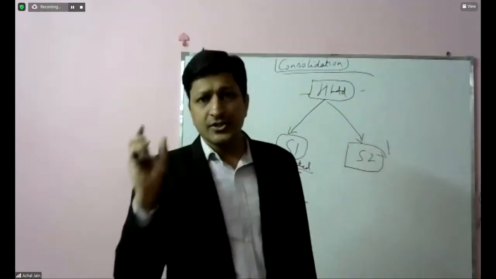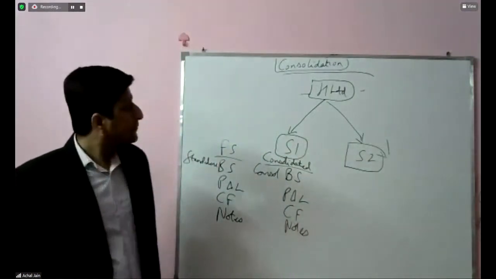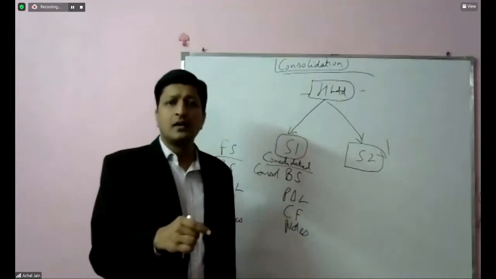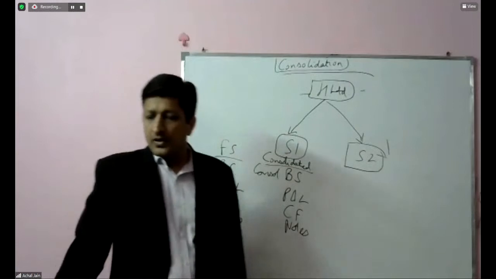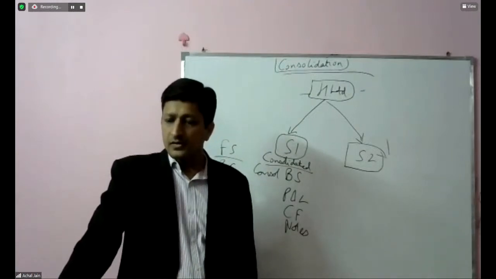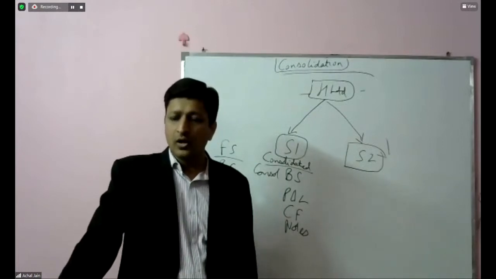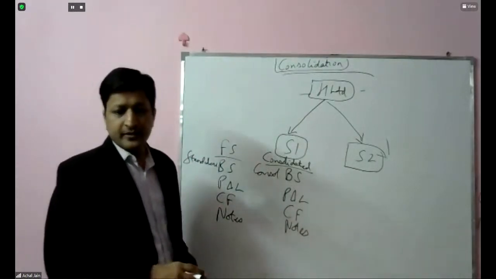inter-branch transactions. Now, let's try to apply the same principle over here. A lot of responses are coming up. Jamil, Nakul, Anant Raman are saying we need to eliminate. Very good.